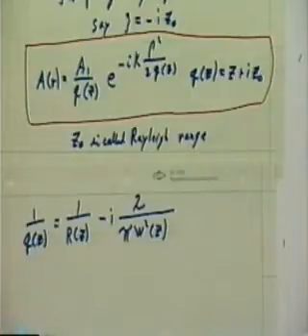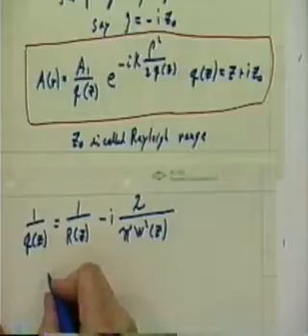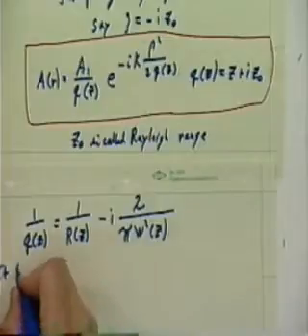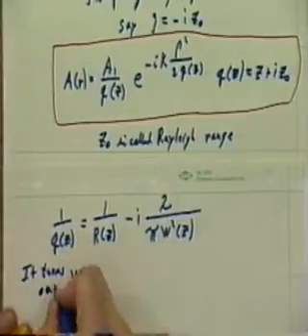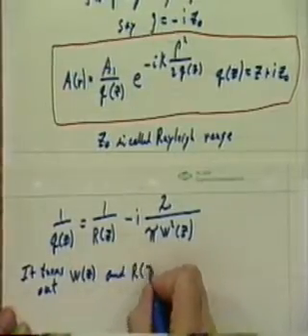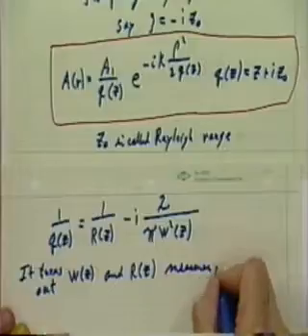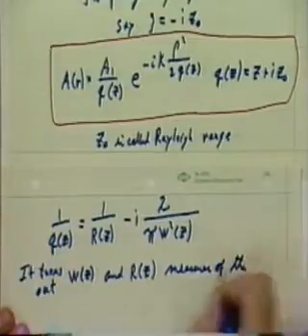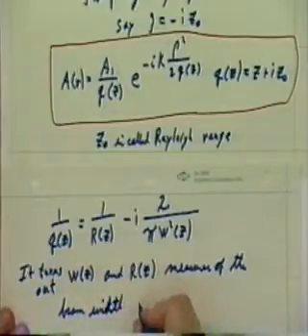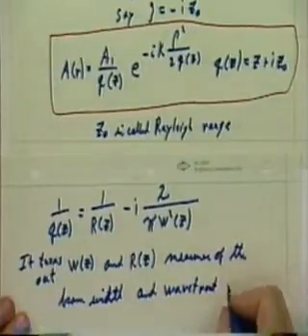It will turn out in Gaussian beams that W of z and R of z will turn out to be measures of the beam width and the wavefront radius of curvature.